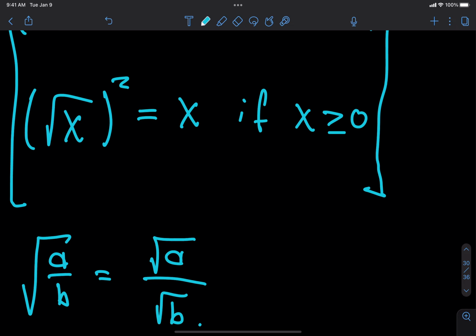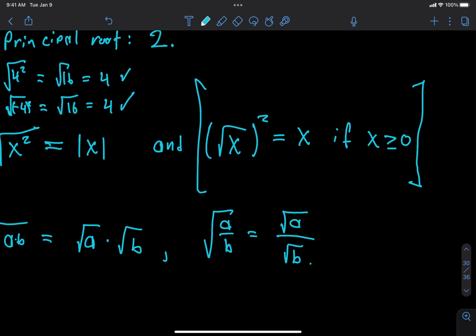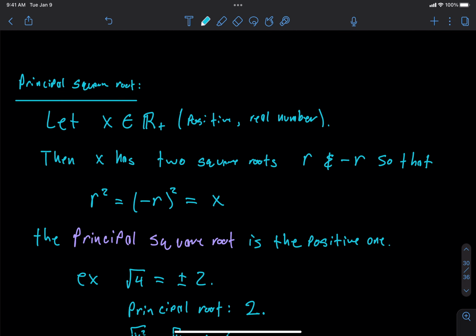So you might be wondering, why am I putting x is greater than or equal to here when I was so adamant that 0 is not a positive real number? Well, the reason is because of the language that follows. It says, if x is a positive real number, then x has 2 square roots, r and minus r.